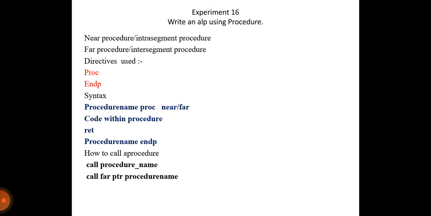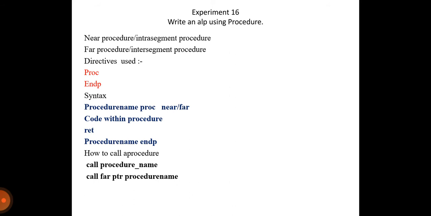We have to write a procedure here, but the difference between calling a block and calling a procedure is the change in stack segment memory, or the push and pop operations performed during calling the procedure and returning control from the procedure.